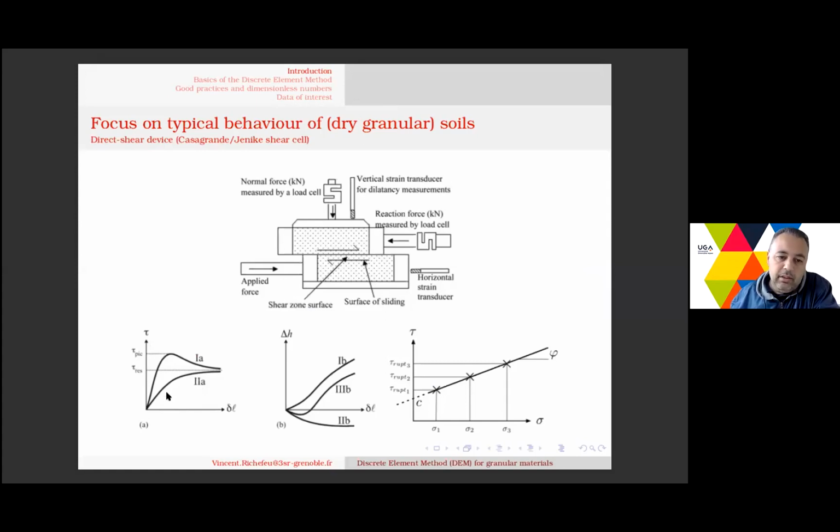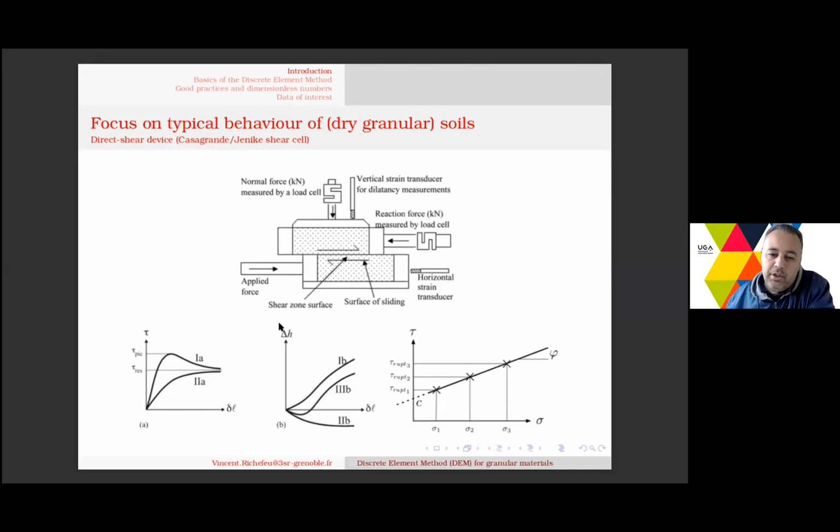If the granular material is loose, we will not observe a peak, but whatever the density at the initial state, we will observe a residual shear stress that will be the same. It will not depend on the initial configuration of the granular material.